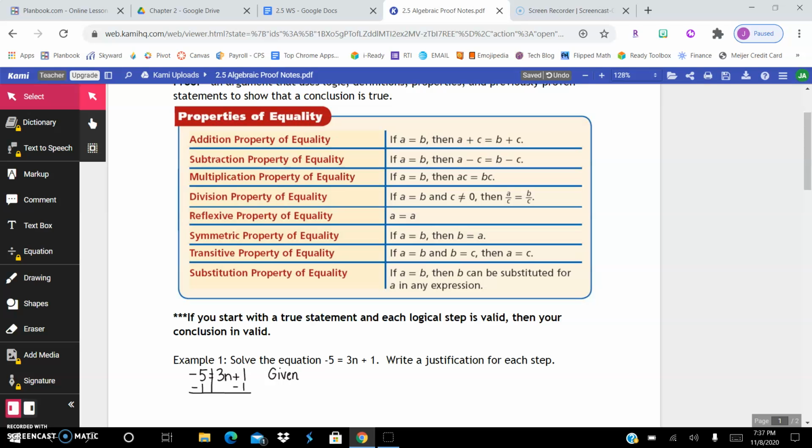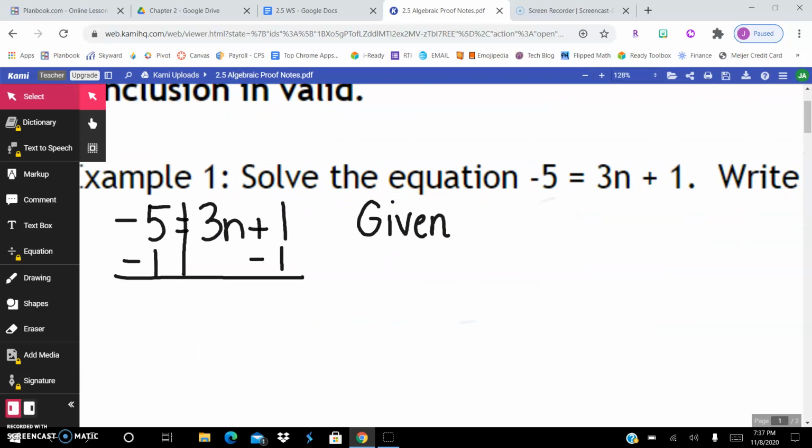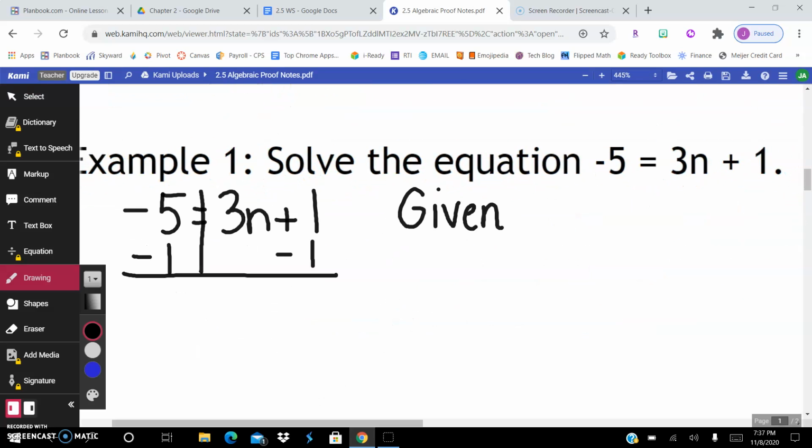I'm subtracting 1 from both of our numbers, A and B. So you can think this side would be A and this side would be B. So this is the subtraction property of equality.